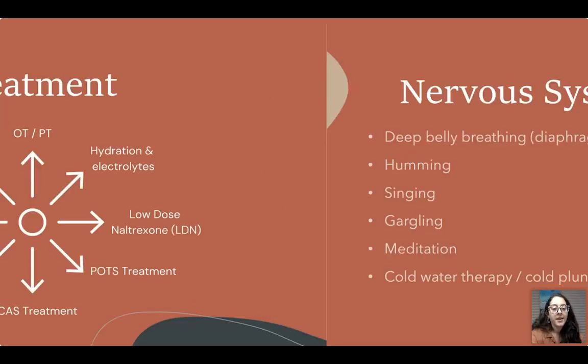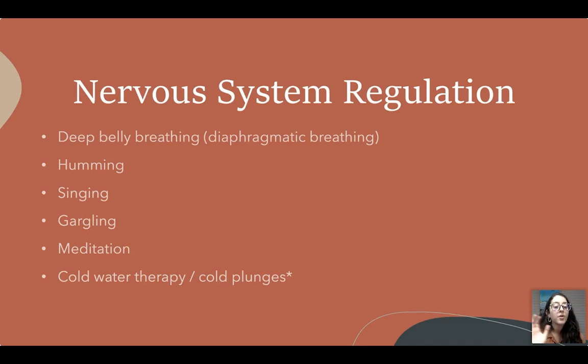And then let's see what I have. Oh yeah, nervous system regulation. Again, this is a huge, huge piece that I think can be so helpful for many people, especially if POTS and MCAS are also occurring with the hypermobile EDS. These are different ways that can help you tap in more to that parasympathetic nervous system. So deep belly breathing, humming, singing, gargling, meditation.